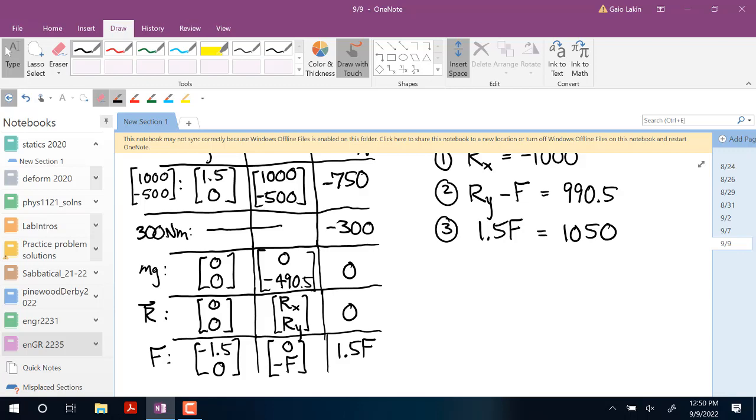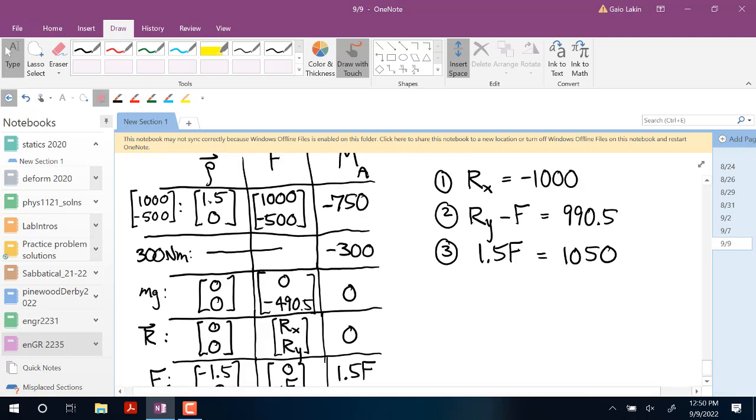Now you could solve this with reduced row echelon form, but this one's pretty easy to just do by substitution. So we have F is equal to, what's 1050 divided by 1.5?